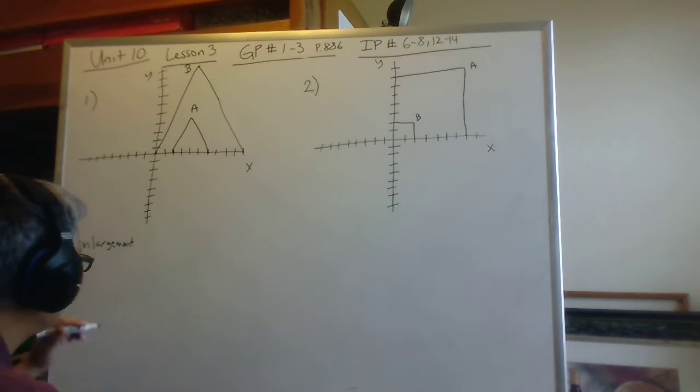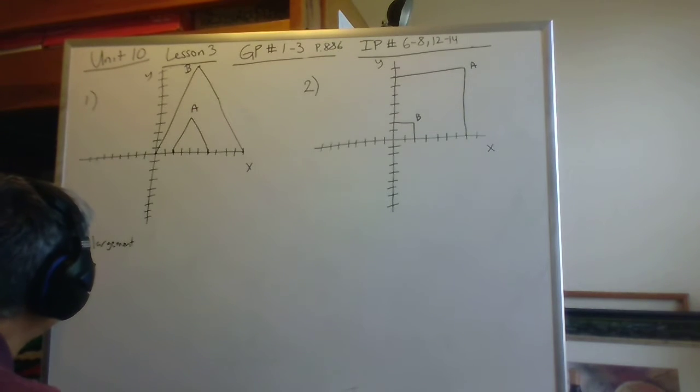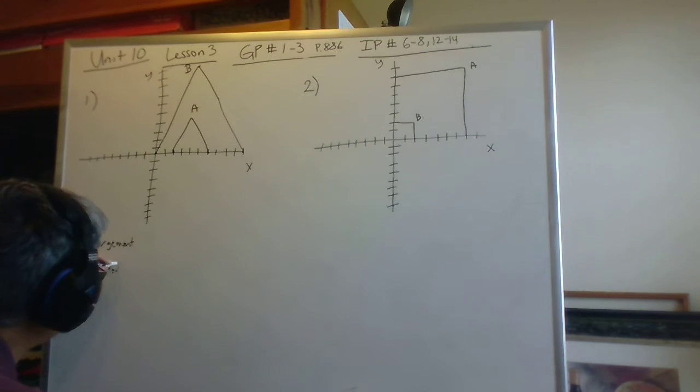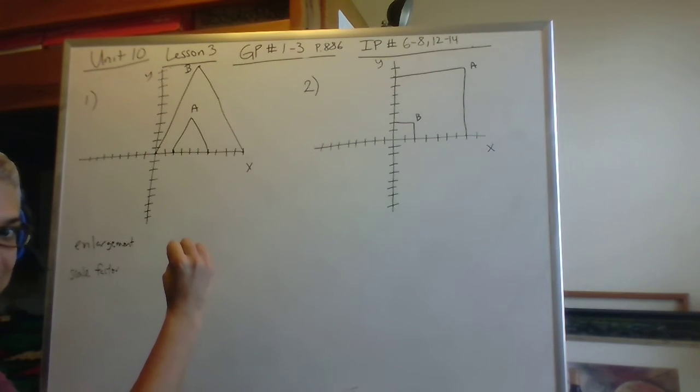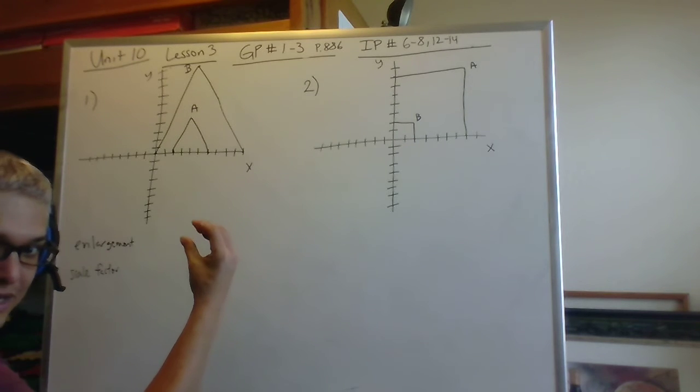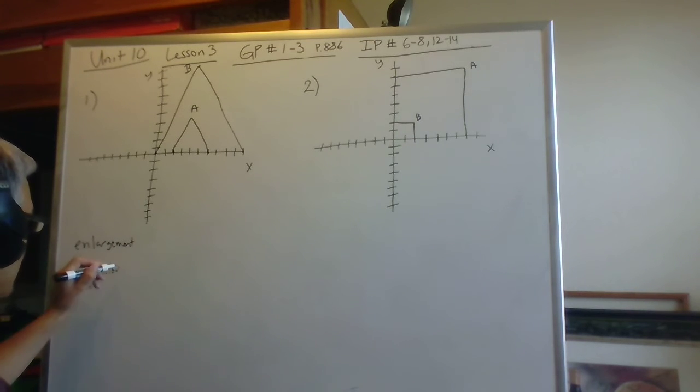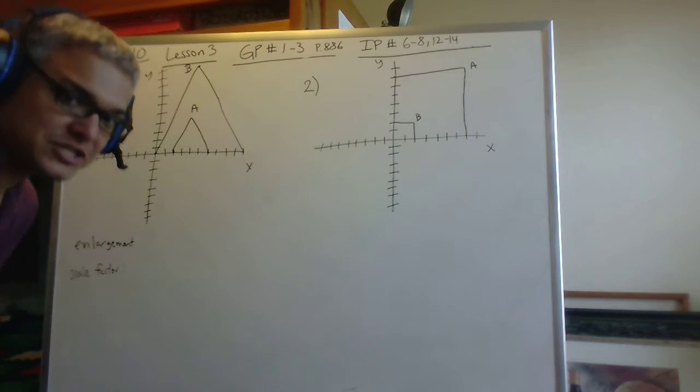All right, now we need to know the scale factor of the dilation. The dilation is taking the size of the shape and getting it bigger or getting it smaller. So how we do that is we look at a ratio.